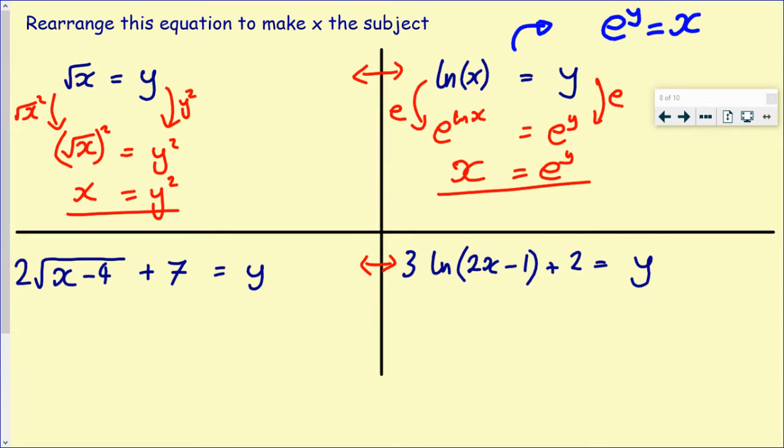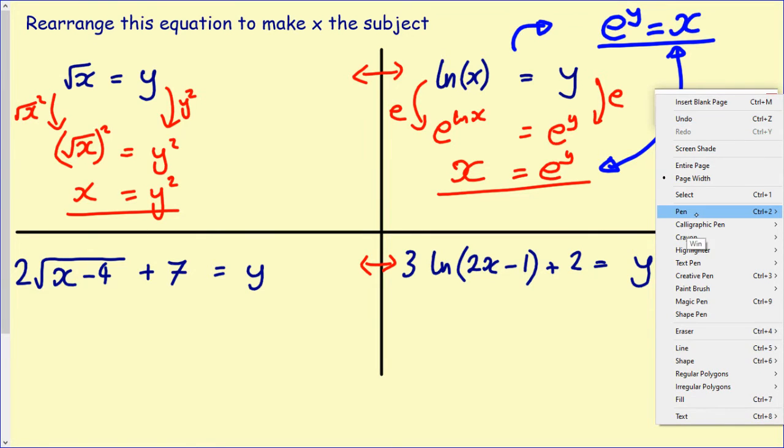And that is y. In a different way, we end up with the same answer. So you can either use the definition of what a logarithm is or inverse functions to be able to rearrange the equations. Let's do the same for these two down here.